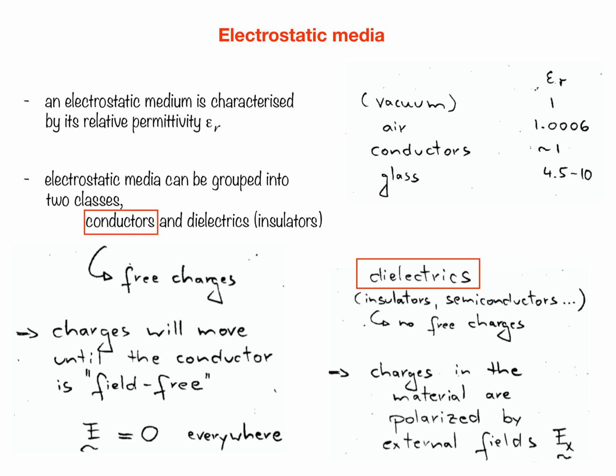For example, glass has a range of values between 4.5 and 10 for epsilon r. Electrostatic media can be furthermore grouped into two classes according to their conductivity. Conductors have close to infinite conductivity, so that free charges can move freely until the field in the conductor is zero.